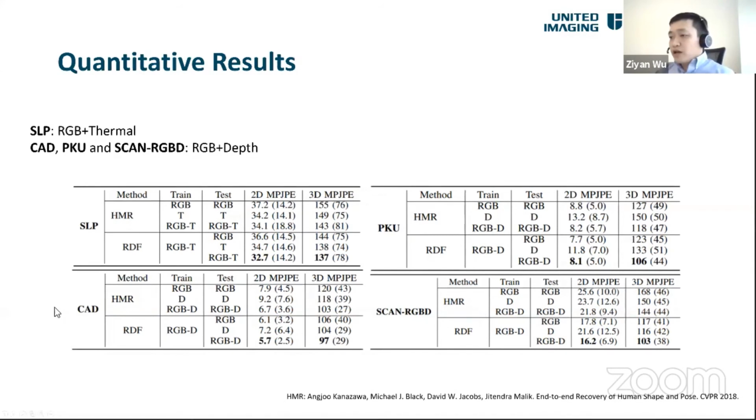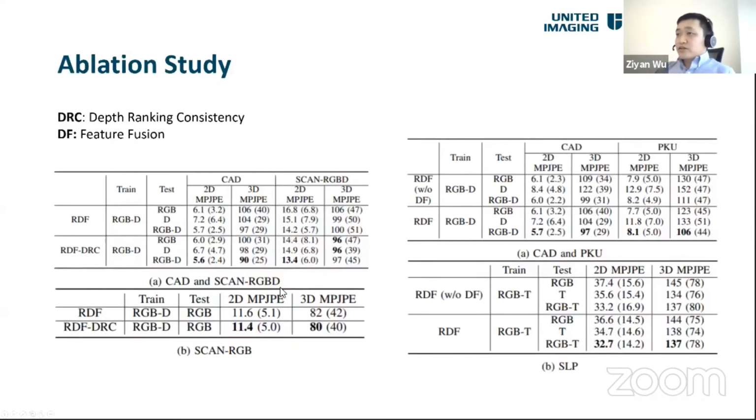And in the case of CAD and PKU, even when one of the modalities is missing, the performance we can obtain with our algorithm outperforms HMR when RGB and depth are both available. We also conducted an ablation study to show the efficacy of the depth ranking consistency and the feature fusion we propose, showing superior performance on all the data sets.